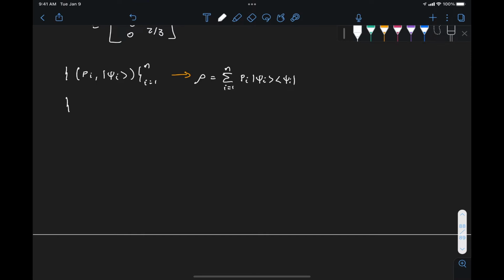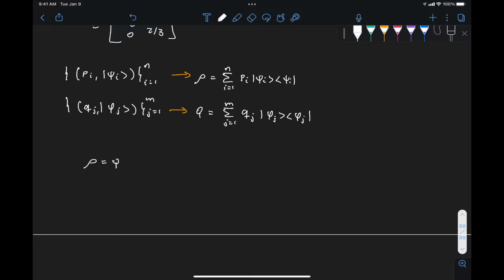And then let's say we have another ensemble of states with probabilities q sub j and states phi sub j, with j from 1 to m, that generates the density matrix kappa, the sum for j from 1 to m of q sub j |phi sub j><phi sub j|. So we can say these two matrices, rho and kappa, are equal to each other if and only if we can represent each of the elements in one of the matrices.